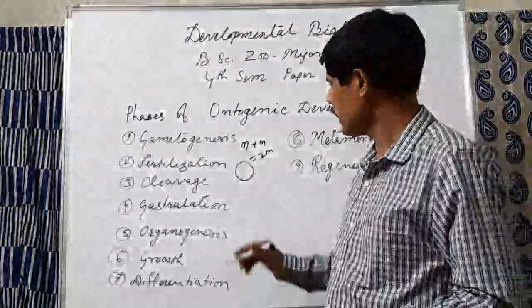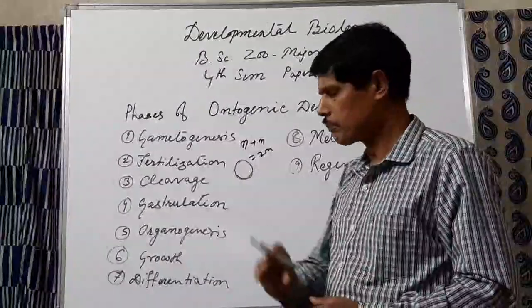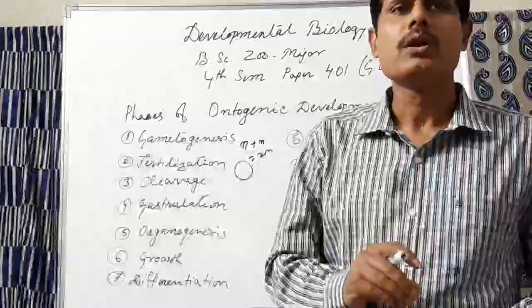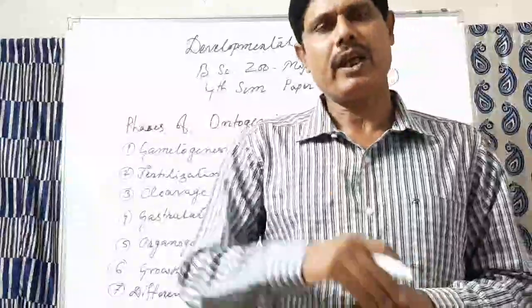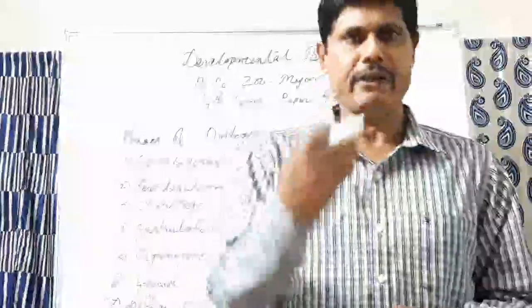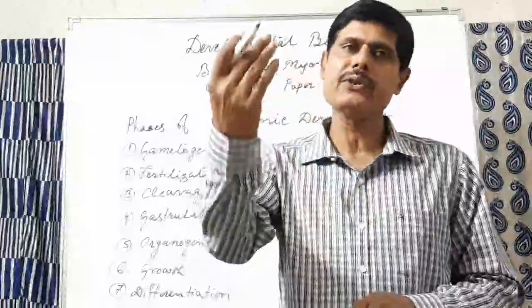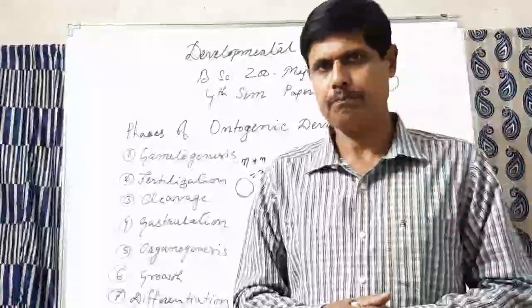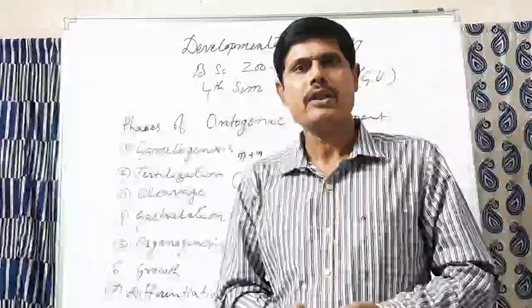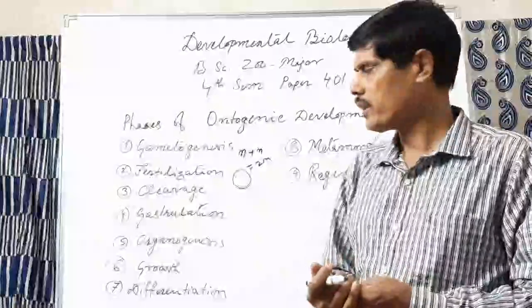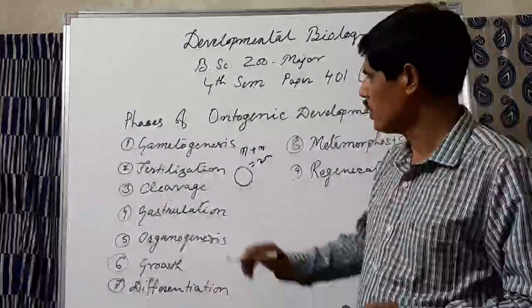During gastrulation, the product of cleavage, that means the blastula, is transformed into different germinal layers like ectoderm, mesoderm and endoderm. These three germinal layers occupy their definitive positions inside the embryo through some movements. These movements are very peculiar and are studied in the process of gastrulation.